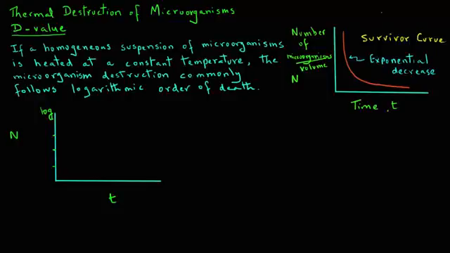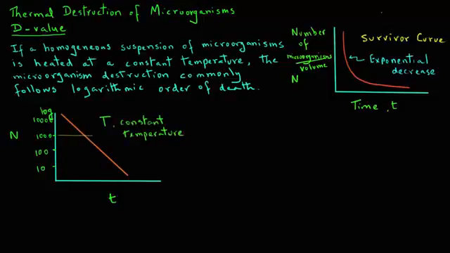So what we have here on the y-axis is the log scale. So we have 10, 100, 1,000, 10,000, for example, for number of microorganisms per unit volume. And if we plot that survival curve, we will notice that we get a straight line.